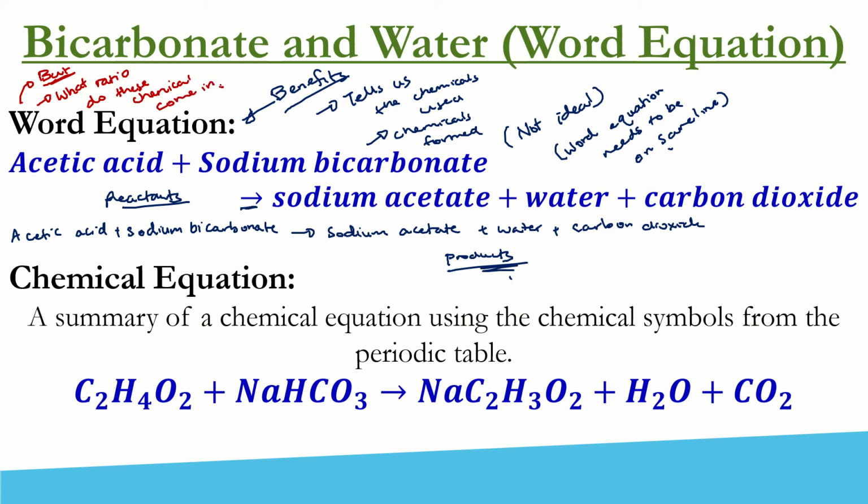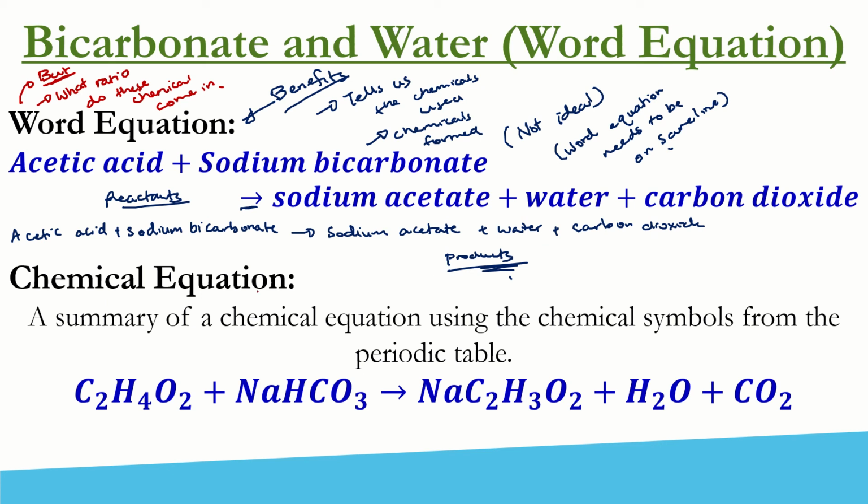The reason I'm saying this is an issue is similar to when you're making a cake: in the instructions it will tell you the amount of eggs you need to use, the amount of flour, or the amount of sugar used in the cake. The word equation will tell you what chemicals you need, but it won't tell you what quantity is required. And that's an issue with that specific example.